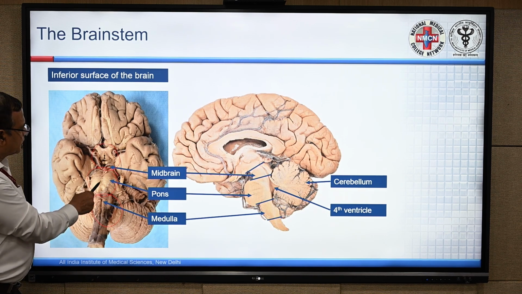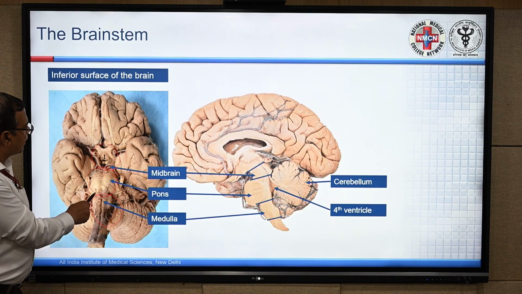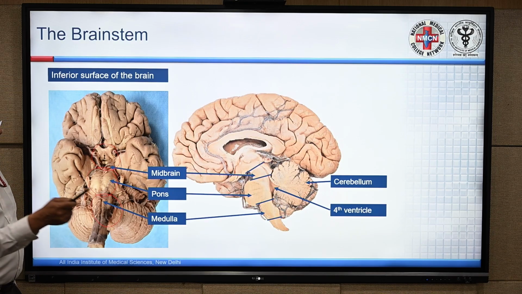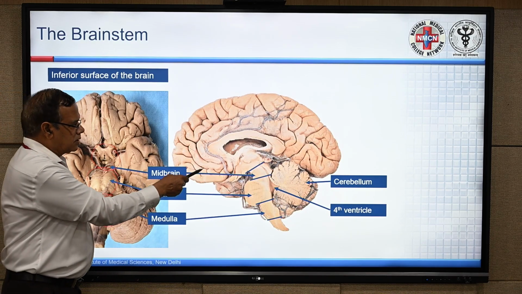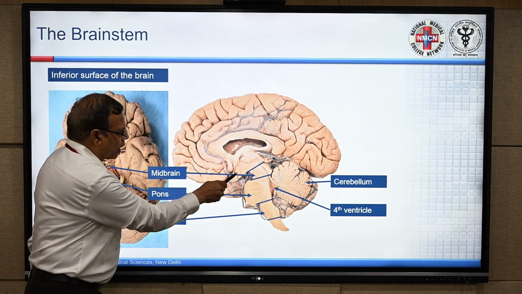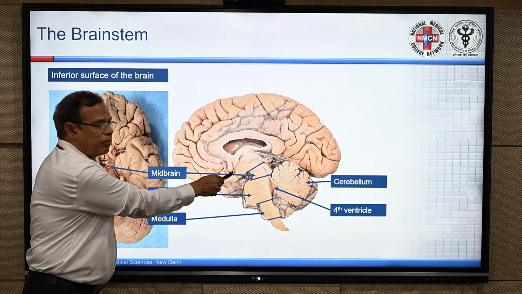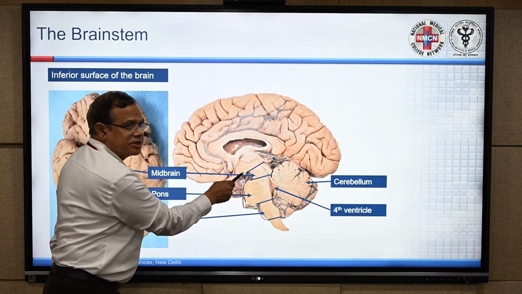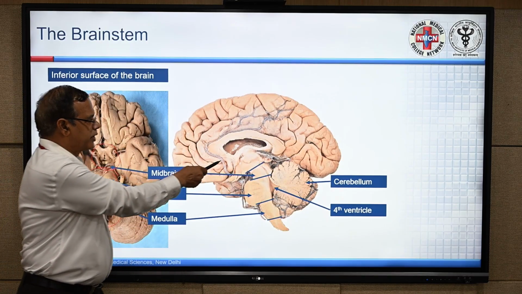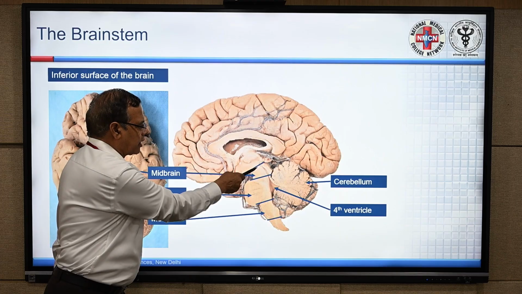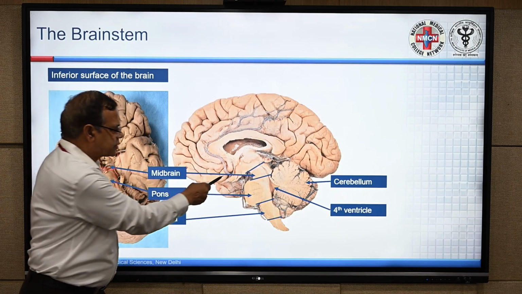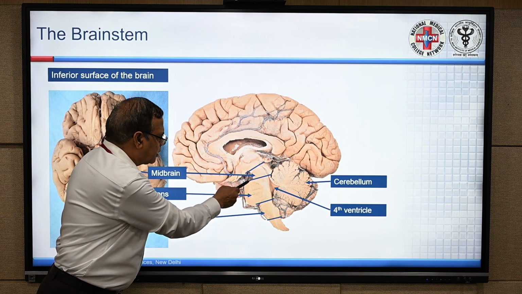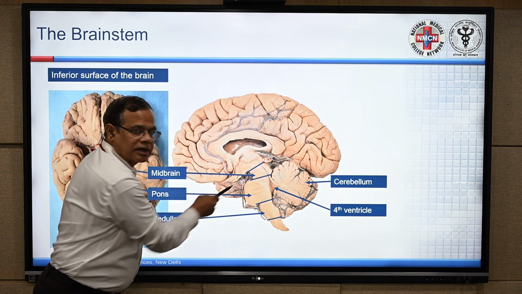In the pons, there is a depression in the middle part, and the midbrain is not visible properly. In the sagittal section, if you join a line between the mammillary bodies and the pineal body, this demarcates the boundary between the diencephalon and the midbrain. So, this is the upper border of the midbrain. Below it is the superior pontine sulcus.